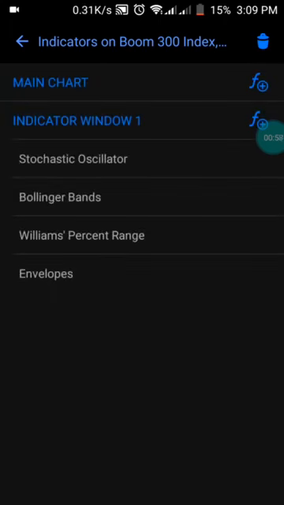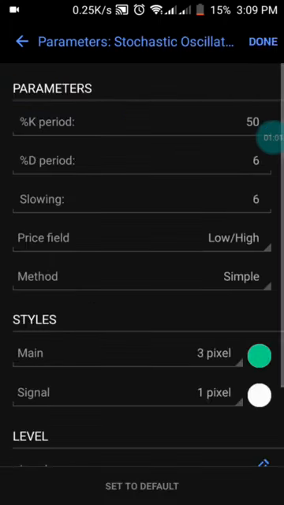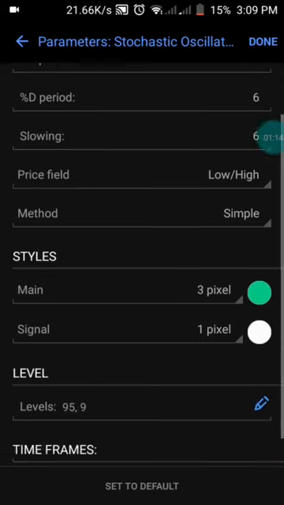Let me show you the settings of this strategy. I have my oscillator on the first window, which is the stochastic: the percentage of K is 50, the percentage of D is 6, the slowing is 6, the price feed is low/high, the method is simple, and I have my style in this color, so you just screenshot it the way I do it here.